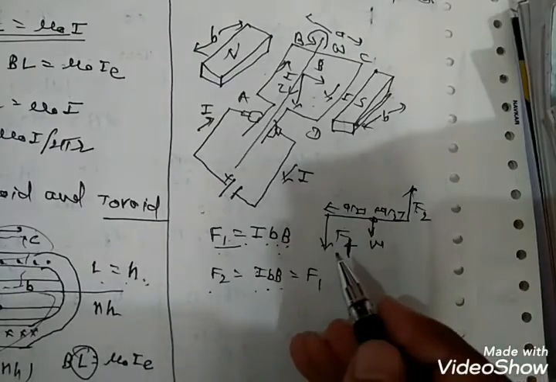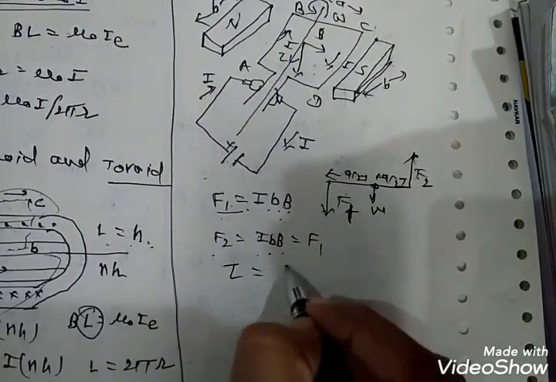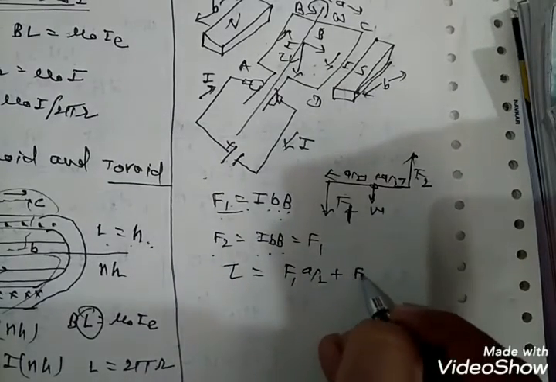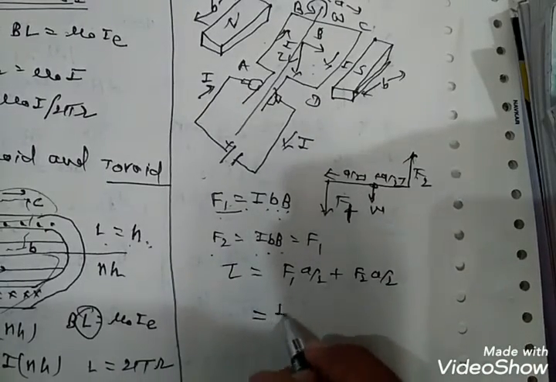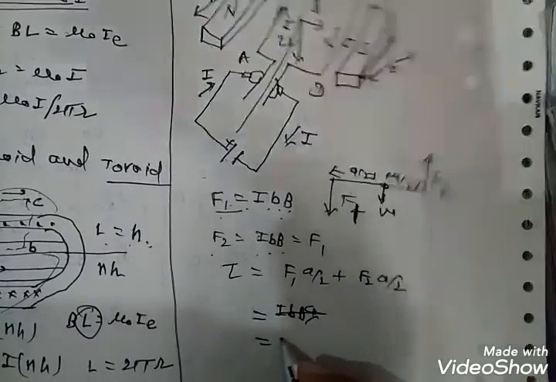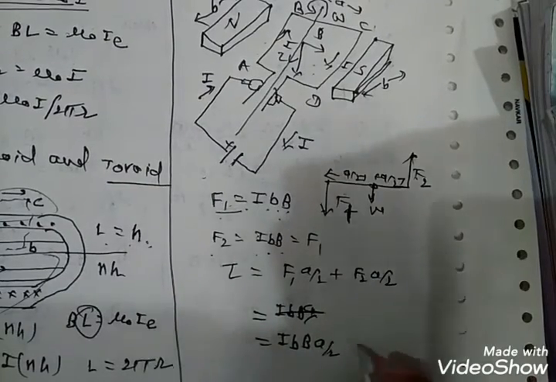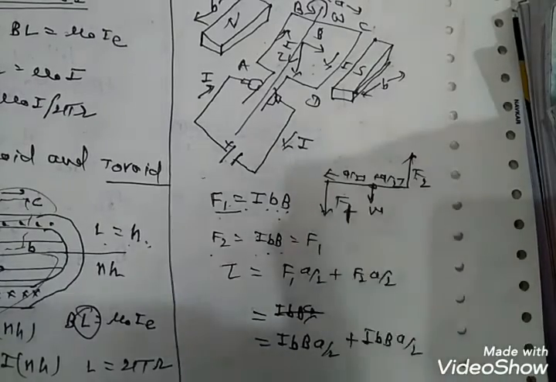So this torque in magnitude is tau equal to F1 times A by 2 plus F2 times A by 2.